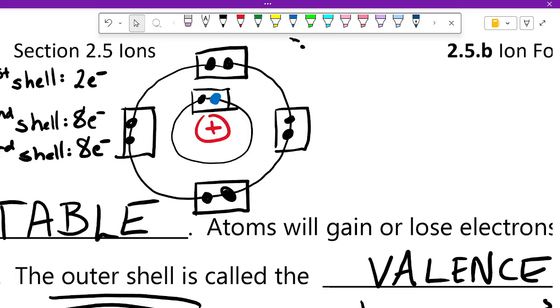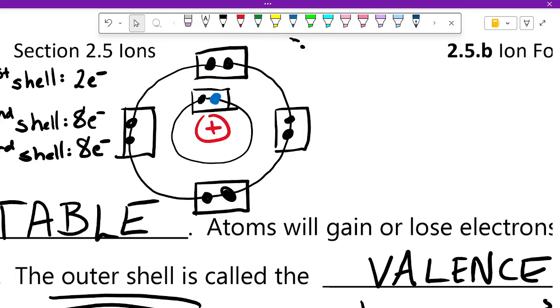So halfway full is 4. 5 is more than halfway. 6 is more than halfway. 7 is more than halfway. So if you are more than halfway, are we going to fill the shell or empty the shell? We're going to fill it. So with 5, how many would we need to add to fill it? 8 is full. 3. So if you have 5 electrons, you are going to gain 3.